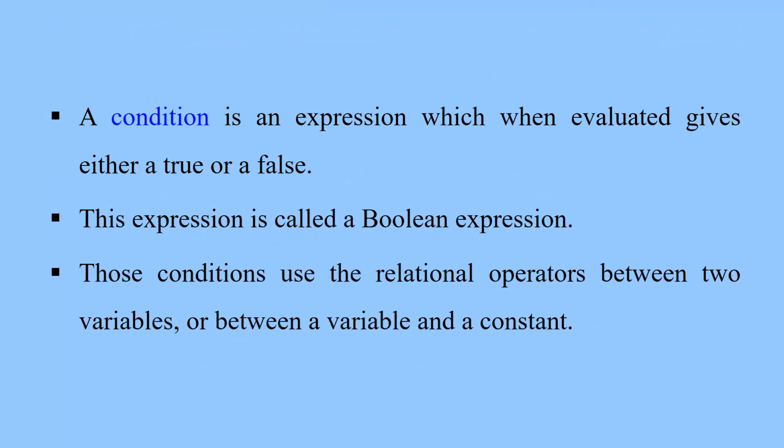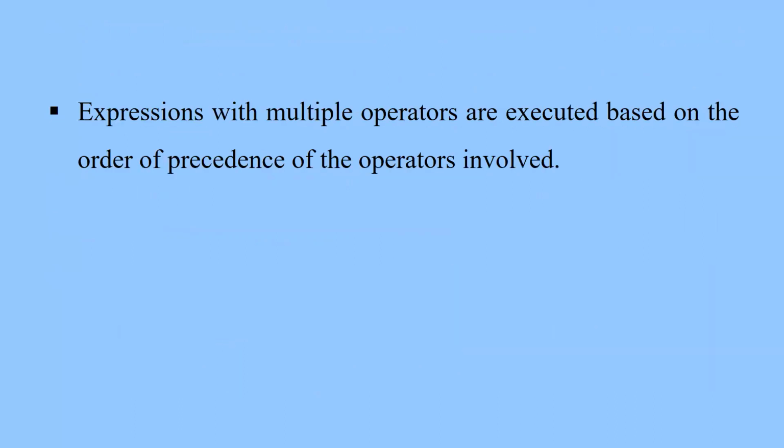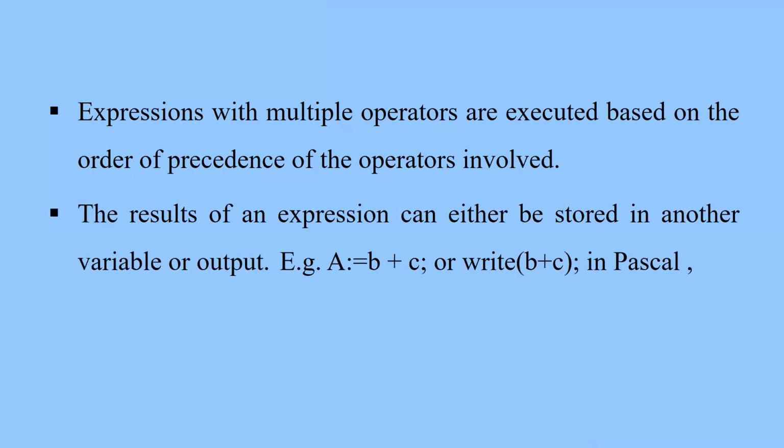Those conditions use the relational operators between two variables or between a variable and a constant. Expressions with multiple operators are executed based on the order of precedence of the operators involved, and the results of an expression can either be stored in another variable or output.